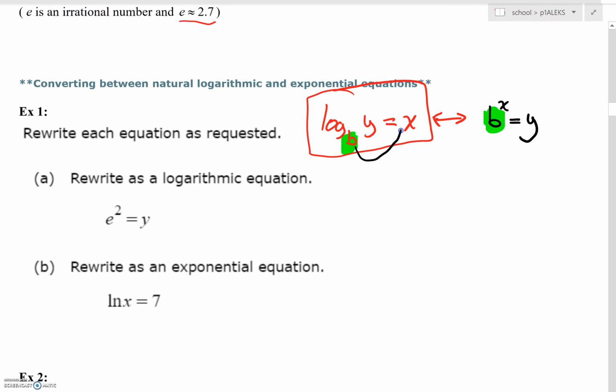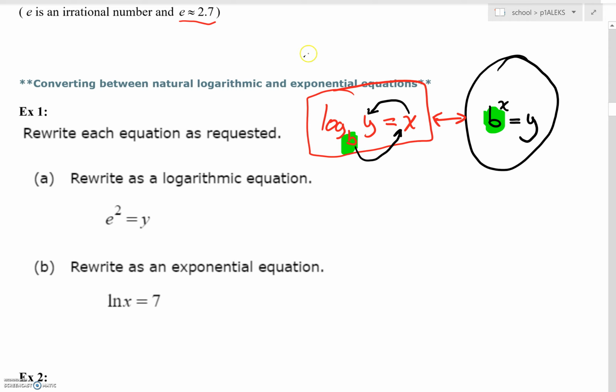Remember we said the log circle is a way to help you. The log circle is saying that this logarithmic equation could be written as b to the x equals y. And of course, we can go bidirectionally. We could have started with b to the x equals y, and then we could write log base b of y equals x. You're going to notice I've highlighted b in green.